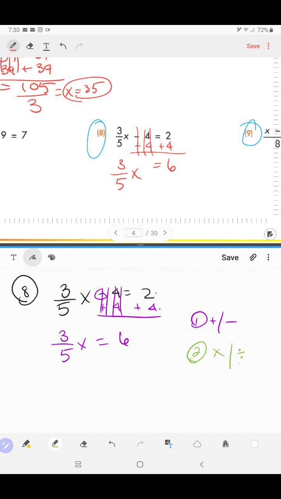In this case, we are not going to divide. We're going to multiply first. It's actually in order. Multiply first, divide second. So multiply the bottom on the other side.